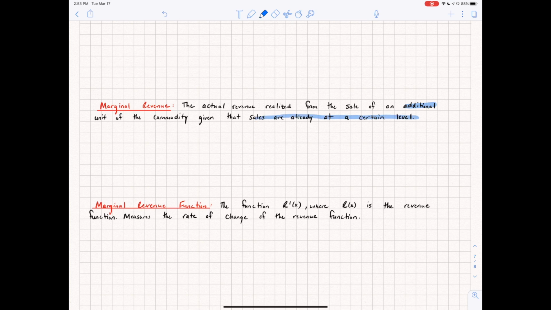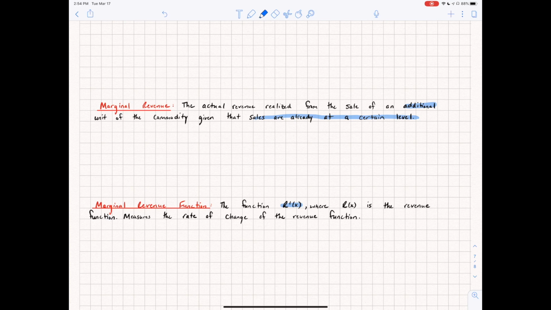So given that we are where we're at and we know we've sold this much, if we were to sell one more item, how much revenue would we make? Would it be an increase or a decrease? If I take X to be varying for this marginal revenue, we can get a function for this just like we did before. This function is the derivative since we're dealing with the marginal. And if I differentiate R of X, this will measure the rate of change of that revenue function.